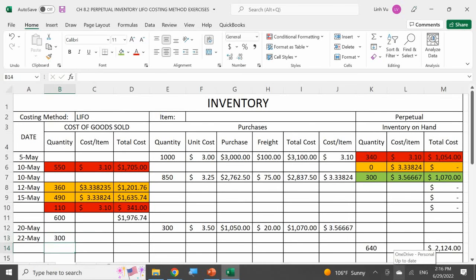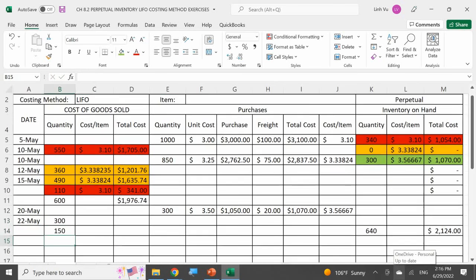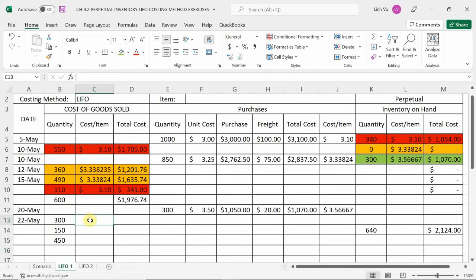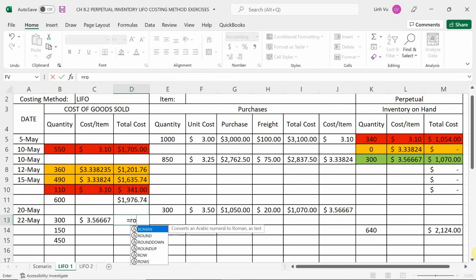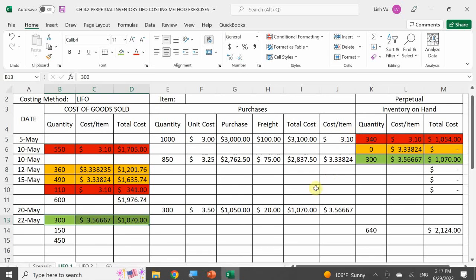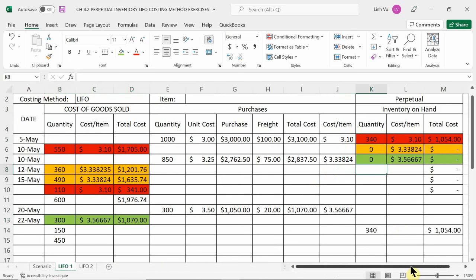I only have 300, so that means I need to sell 150 more units to get me a grand total of 450. In this case, I'm taking all of my inventory right here, right? I already know what that is going to give me. It's going to give me 1070. And that means this batch of green is completely gone, so I can zero it out.